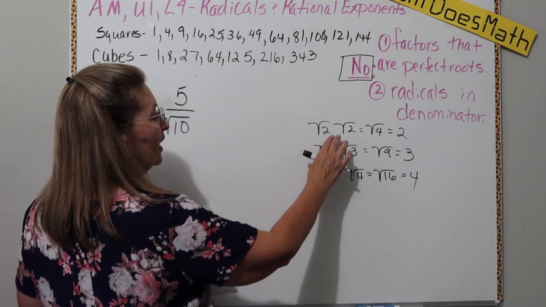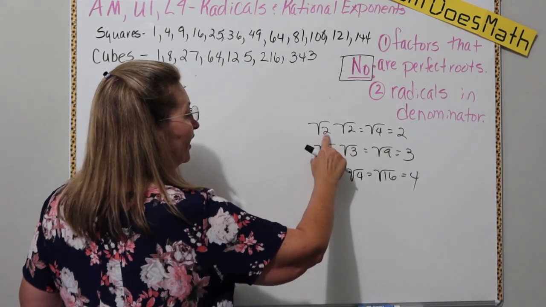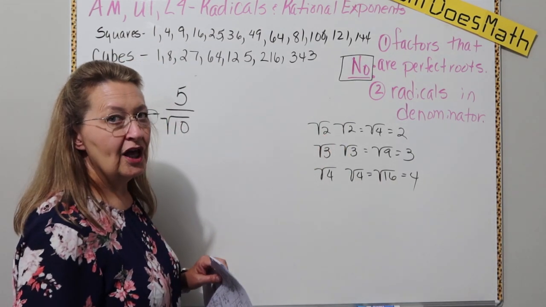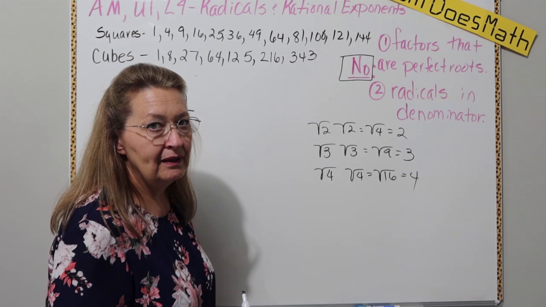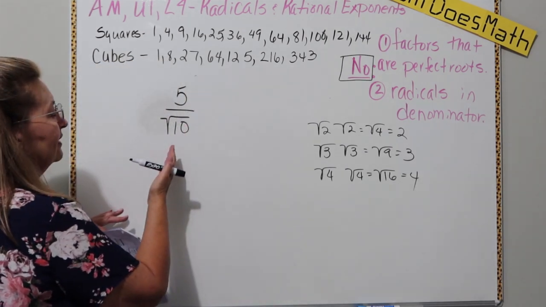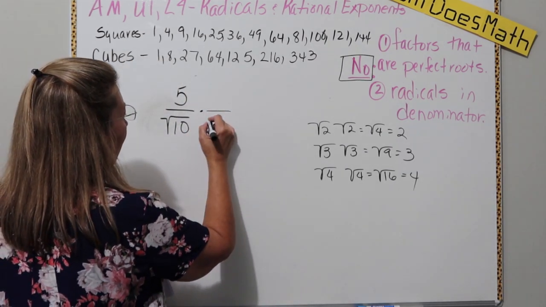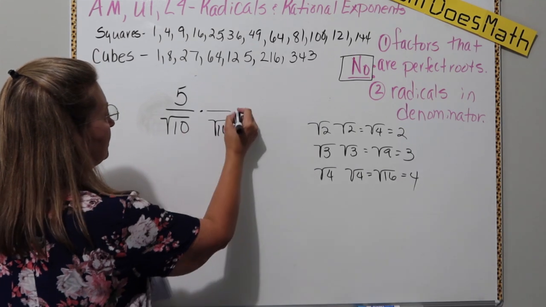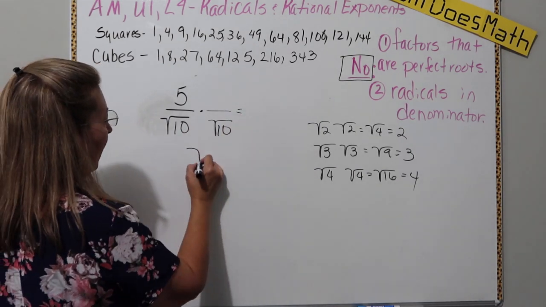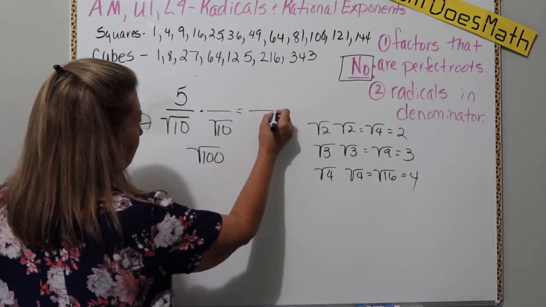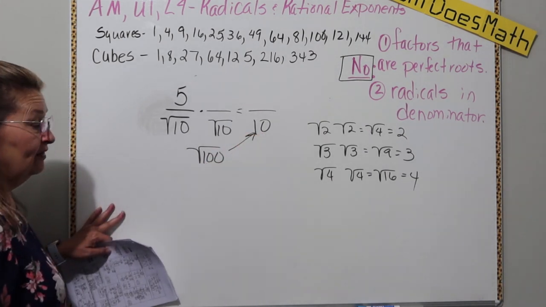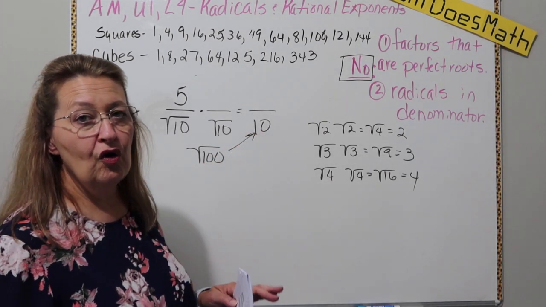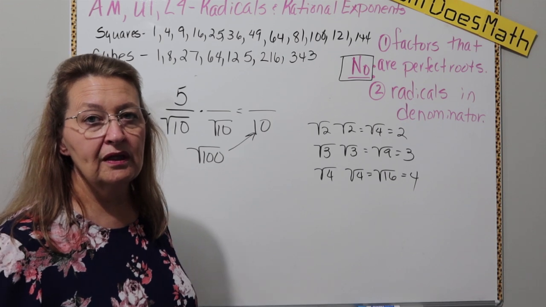Anytime you square a square root, you just wind up with your original radicand. So we're going to use that to fix this. If I multiply square root of 10 times square root of 10, I get square root of 100, which simplifies to 10, right? That's fine and dandy, but you can't go around multiplying willy-nilly wherever you want to.